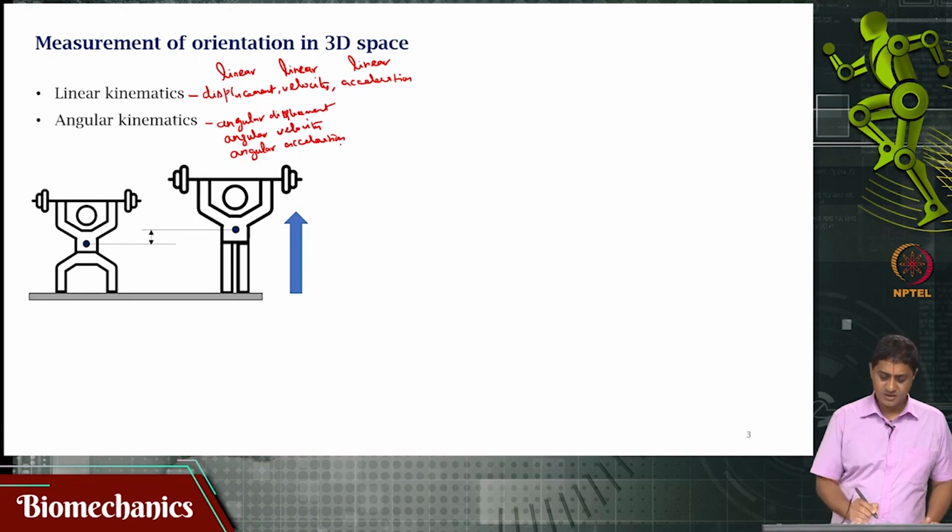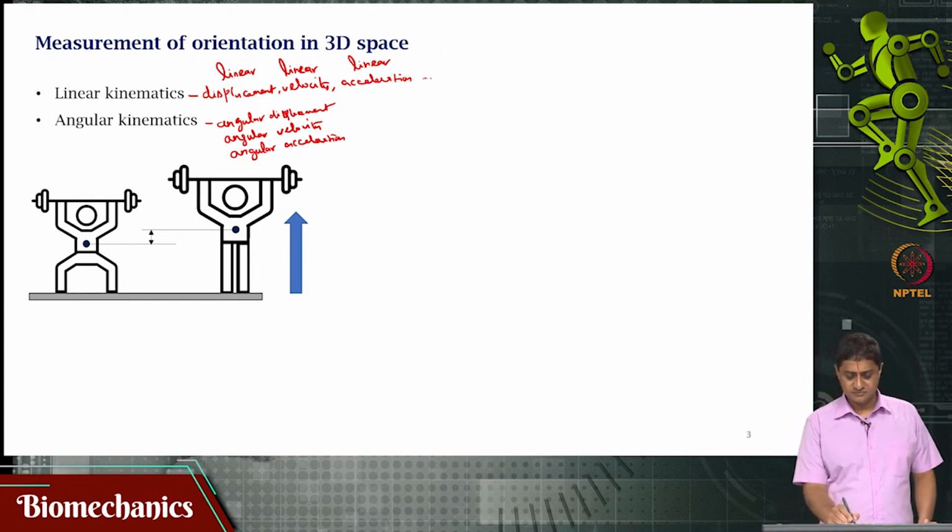Okay. The notation for these are S, V and A, is it not? Vectors S, V, A. Angular displacements are theta, omega, alpha.